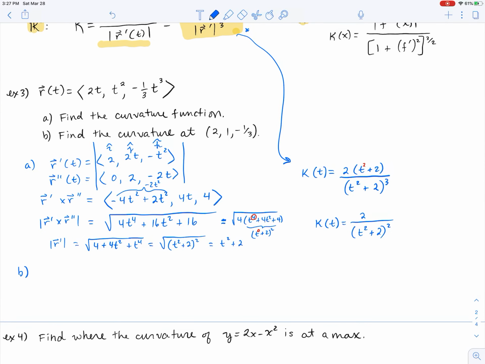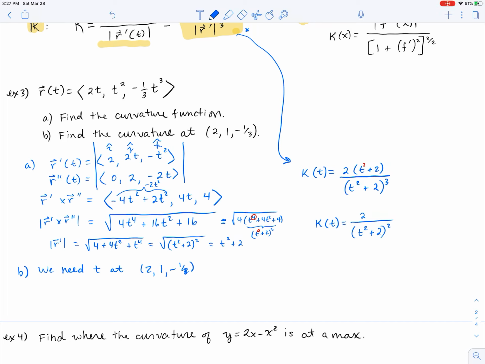Now for part B, find the curvature at a specific point. We just need t. Oops, that should be a 3.